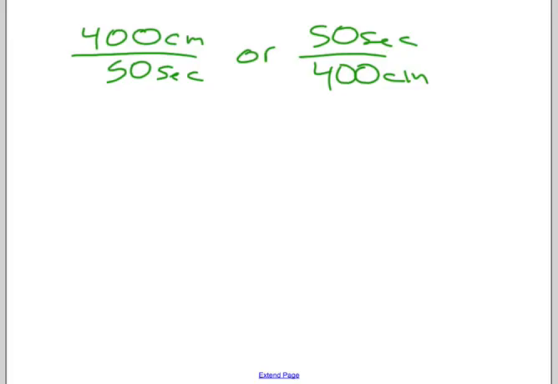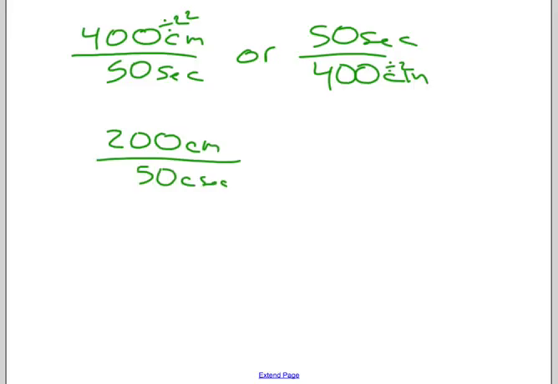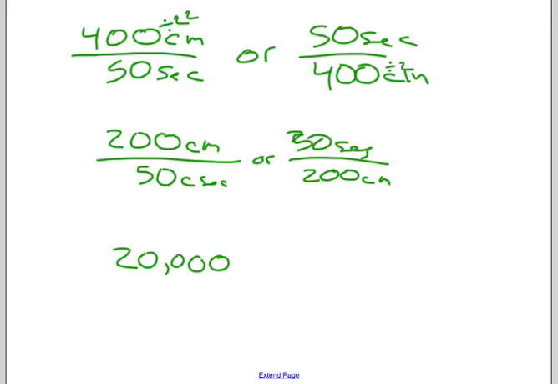So you're actually dividing each of these by 2, or the distance by 2, to get that adjusted rate. So your new rates are 200 centimeters over 50 seconds, or 50 seconds over 200 centimeters. And then it wants to know how far it would go in 20,000 seconds at that rate.